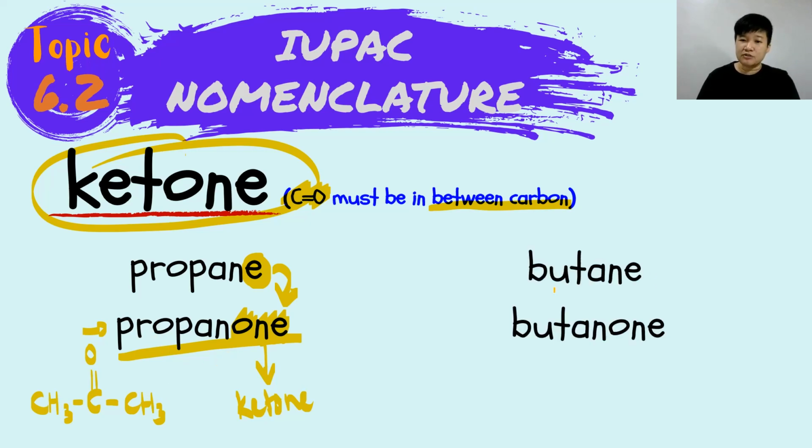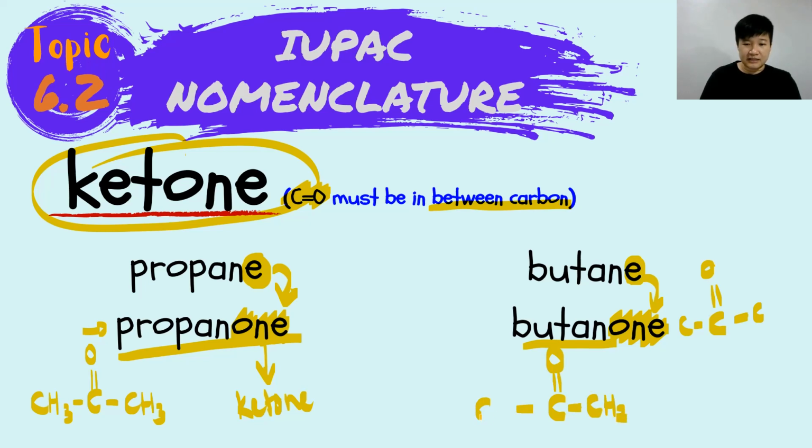And this is the simplest ketone that you can have. Another example, your butane having the E change to O-N-E to represent your ketone. And butanone over here is a 4-carbon ketone. So the 4-carbon ketone shall look something like this. Your C double bond O holding CH2, CH2, CH3, like this.